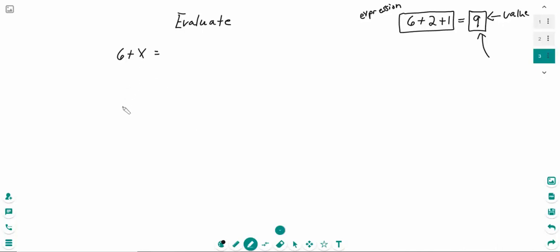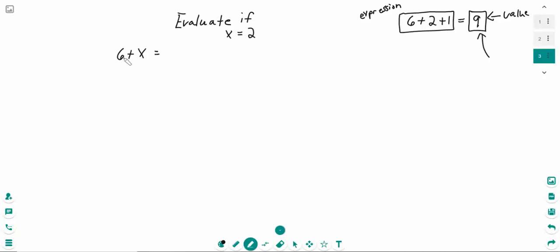I don't know what that x is. So in order to evaluate algebraic expressions, there's something that we need. And what we need to know is the value for x. So I'm going to tell you in this case that the x has a value of, let's say, 2. All right, so I'm going to say evaluate 6 plus x given x is equal to 2.